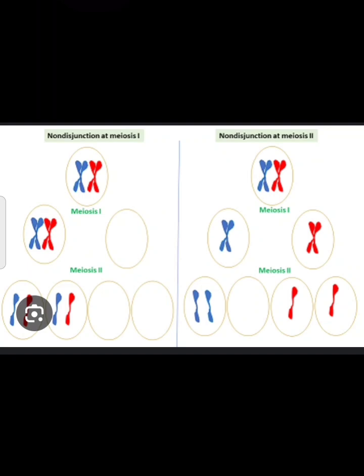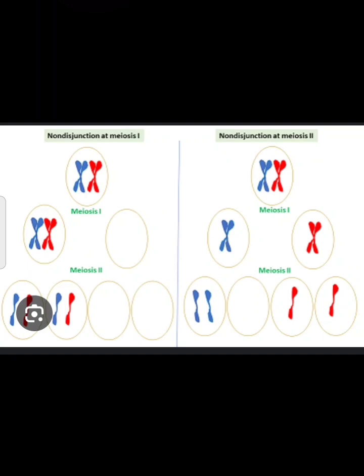In meiosis 2, I'll summarize again. If meiosis 1 has happened the correct way, there are two daughter cells with 23 chromosomes in each. Those chromosomes have sister chromatids, and in meiosis 2 there is sister chromatid separation.